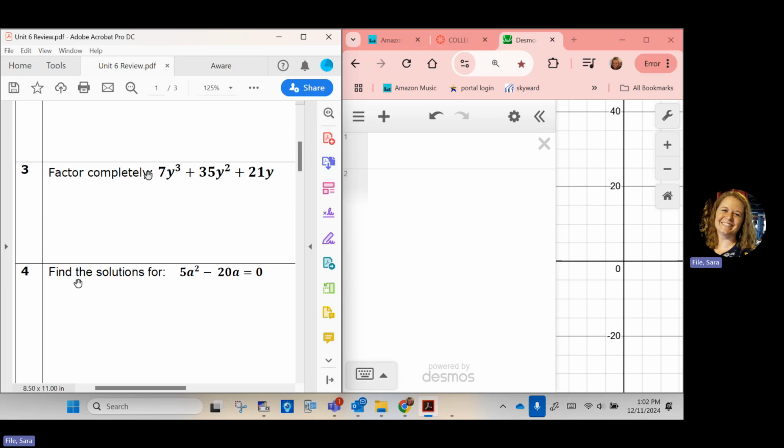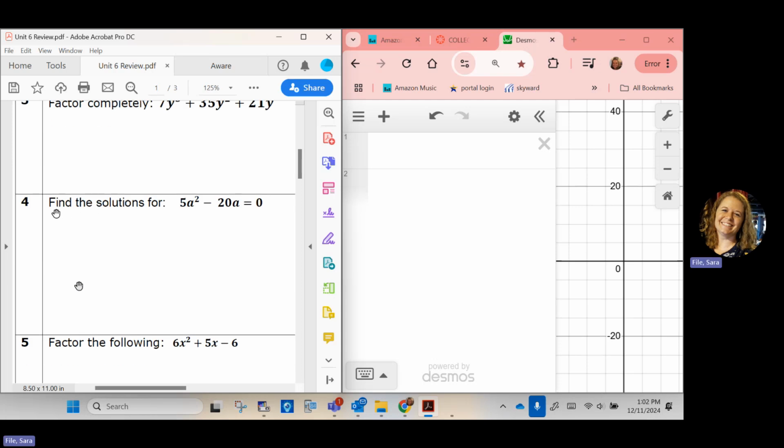Number 4 says to find the solutions. So it is also factoring if you're doing it by hand, but then solving as well. When you are asked to find solutions or solve, you need to understand the vocabulary. Solve means to find solutions, and solutions are just another word for x-intercepts.